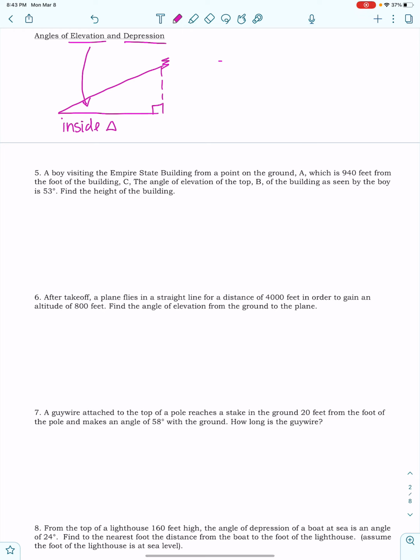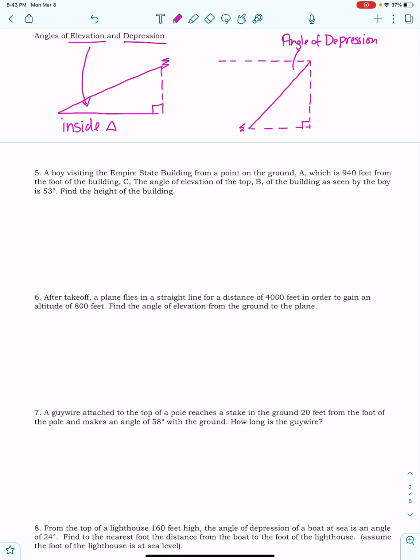So your angle of depression, okay, this is your line of sight, and when you look down to an object that's down here, that is where your angle of depression would be. Okay, so your angle of depression is outside what we would consider this right triangle here.